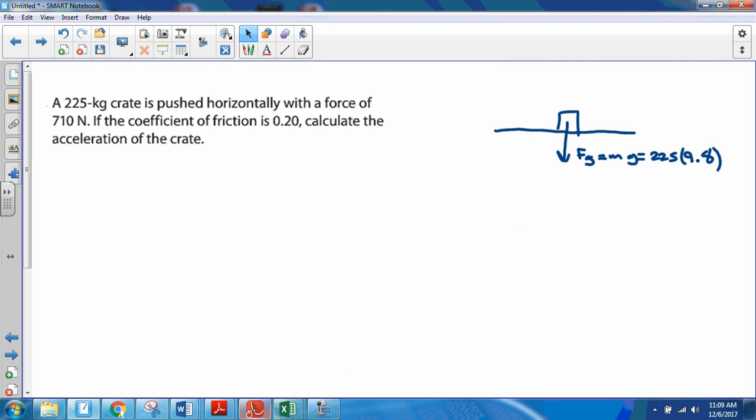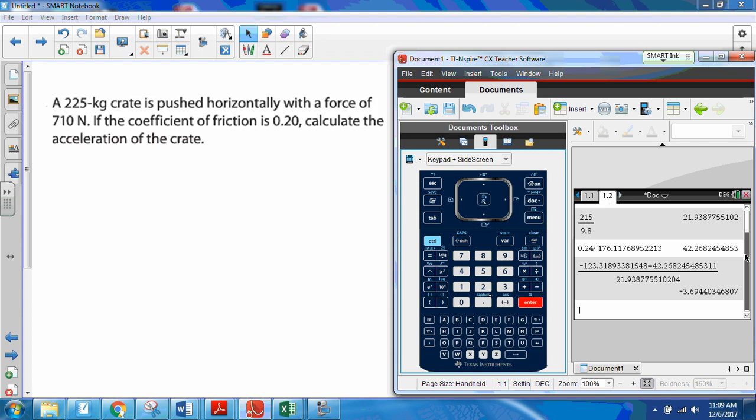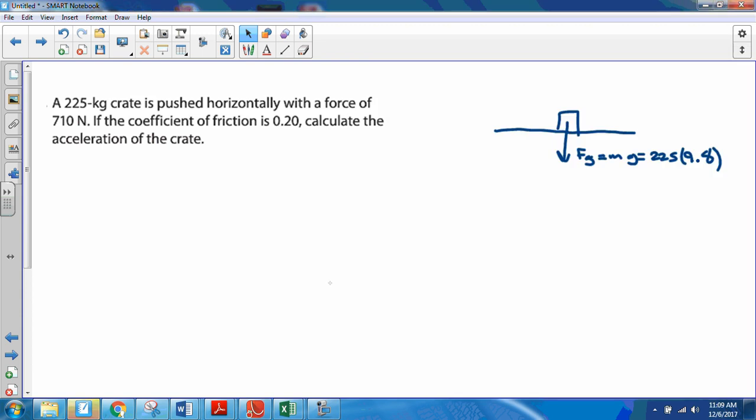So you get out your little calculator. You do 225 times 9.8. And what did y'all get? 2205? That's what I got too. Good. All right, so Fg is equal to 2205.